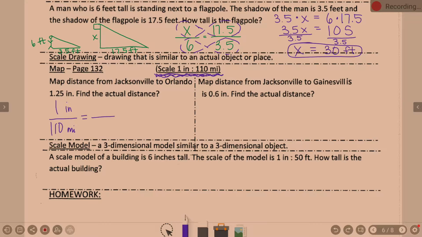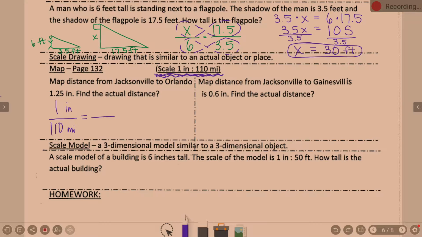What else do they give me? 1.25. 1.25 what? Inches. If we're trying to be consistent, where do I put that 1.25 inches?